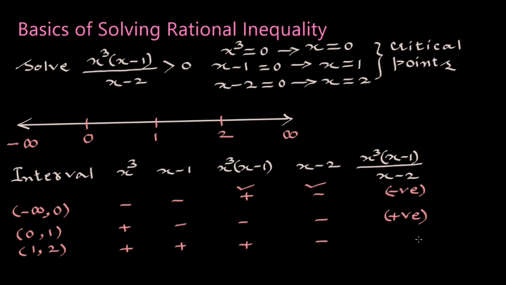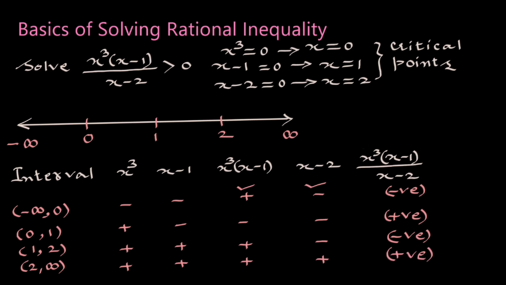So positive upon negative will be negative. And finally the last interval 2 to infinity, where x cube is positive, x minus 1 is positive, the numerator is positive and the denominator also positive, and positive upon positive will be positive.